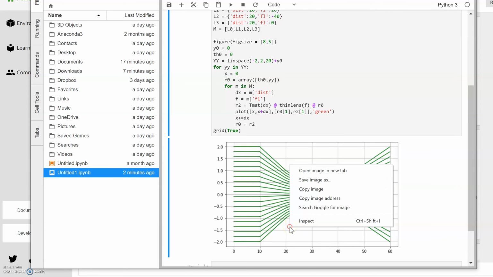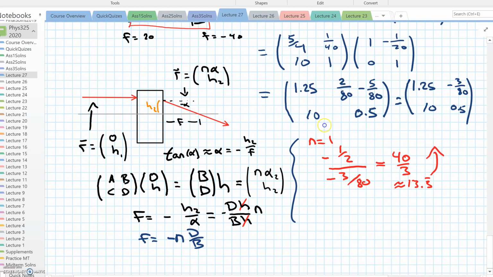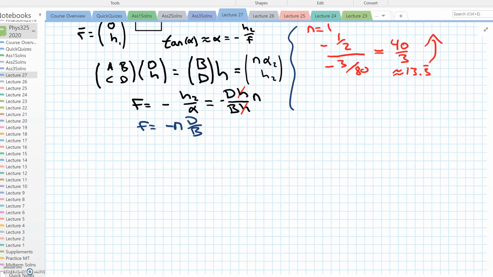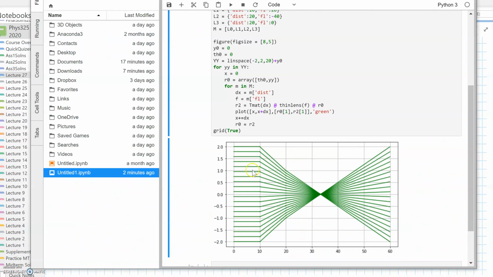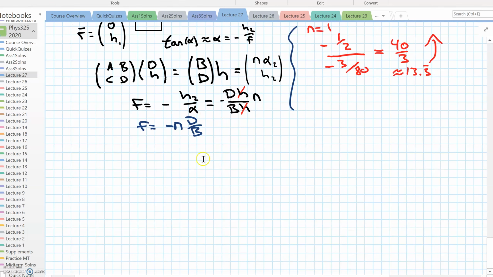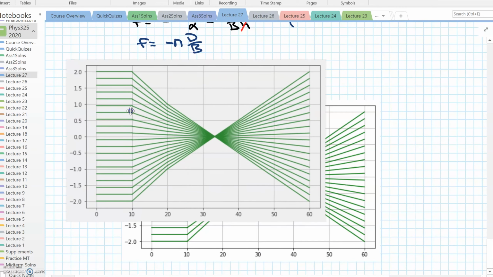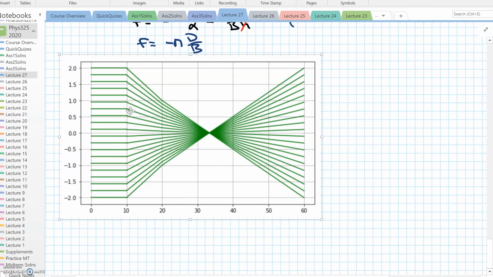So let's try this. Will this work? Let's see if this will work. It totally doesn't. Okay, give me one sec. Let's save the image temporarily. I know what I can do. I can use Microsoft's sweet screen clipping tool. Alright, good. So here's what we got.